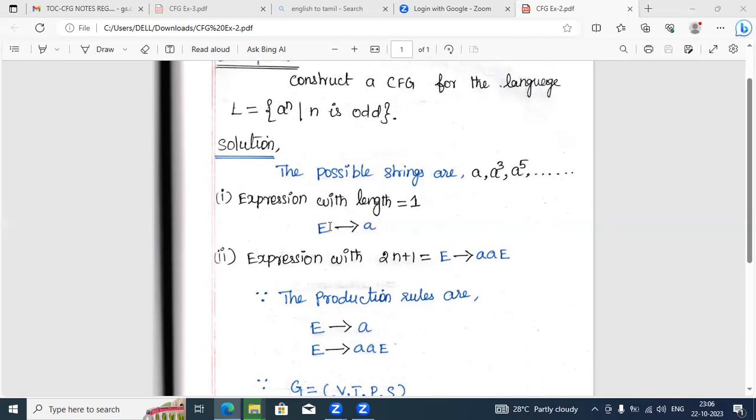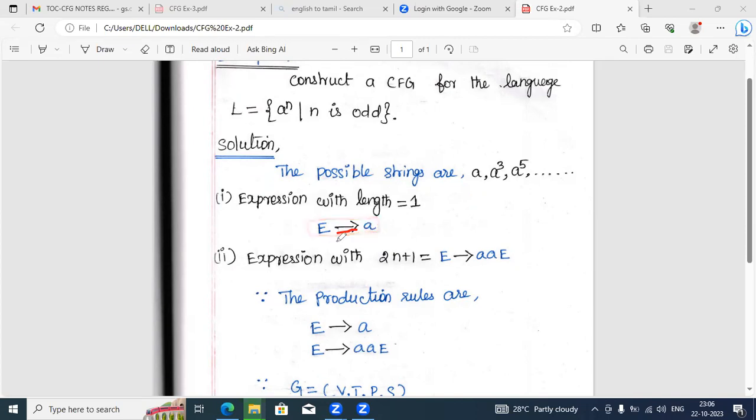This arrow symbol represents a production, which we already discussed in the introduction. Whenever the length is 1, we have only a. That's why E gives a.